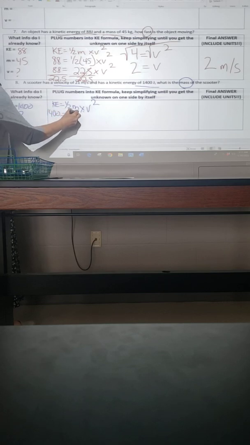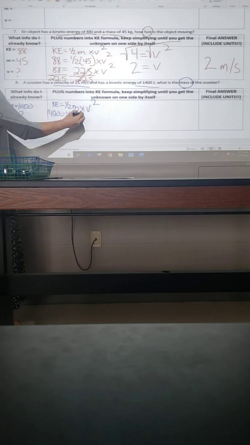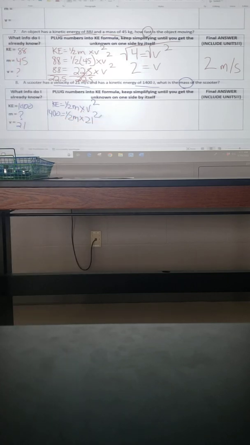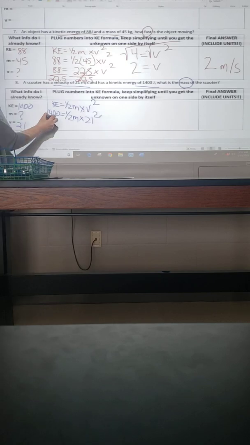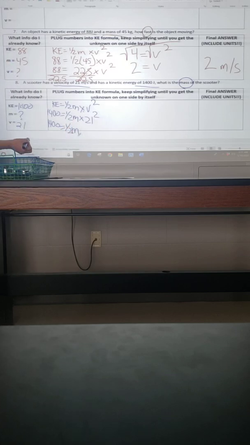I'm having 1/2 mass, that's staying the same because I don't know what mass is, but my velocity is 21 and I'm gonna square that. So now I start to simplify. I bring down my 1,400 because I can't do anything else. I bring down my 1/2 mass because I'm gonna save that for the end. What is 21 squared? 441.